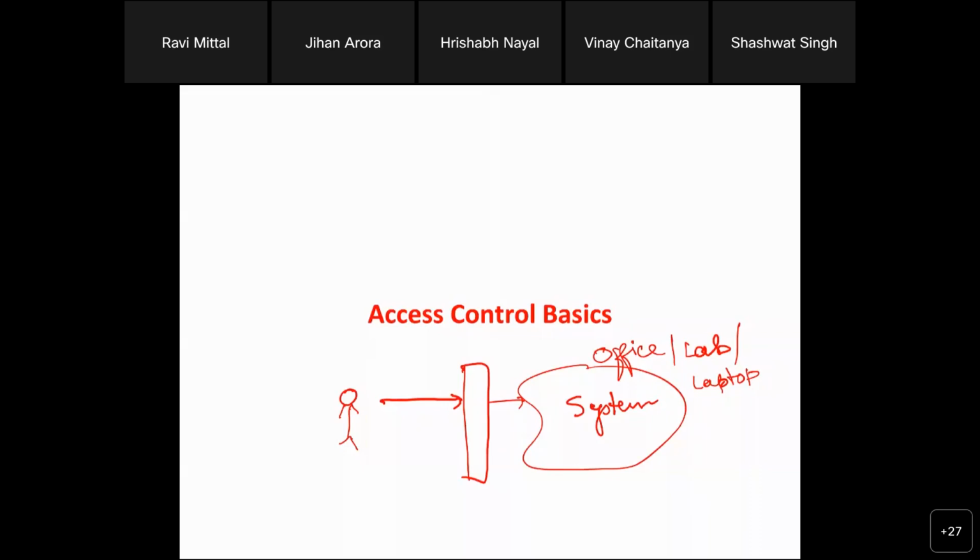Also, when you're entering a lab or something, you have an ID card, a student ID card. You show the identity card to someone doing access control, and this person will check your face against the photo on the ID card, and then allow you access.